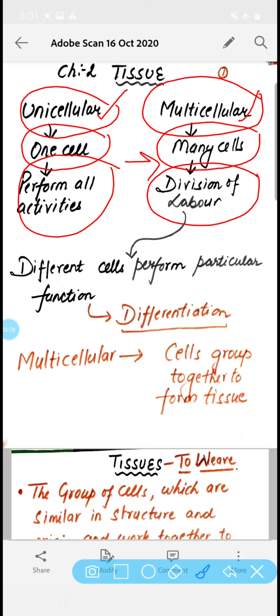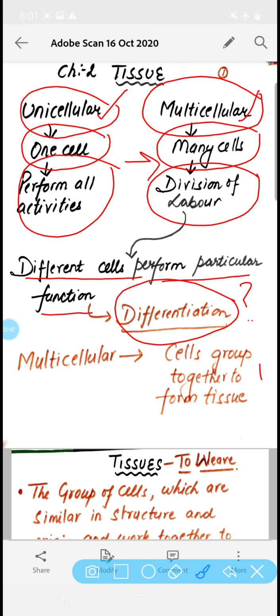This property of division of labor is also known as differentiation. So, this is the new term for you. What is differentiation?